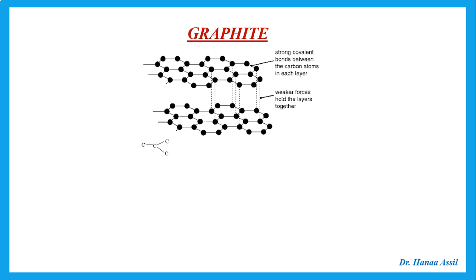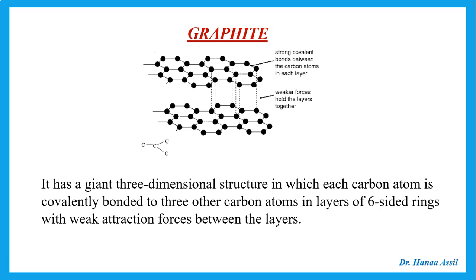What about graphite? We're going to describe the structure of graphite. We're going to say again, it's a giant three-dimensional structure in which each carbon atom is covalently bonded to how many? To 3 other carbon atoms in layers of 6-sided rings with weak attraction forces between the layers.